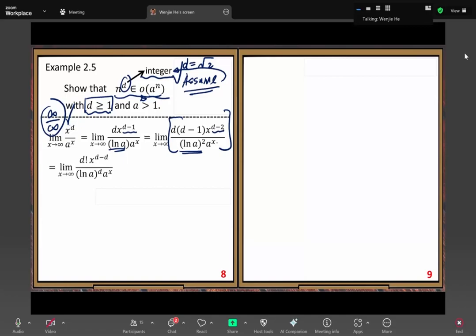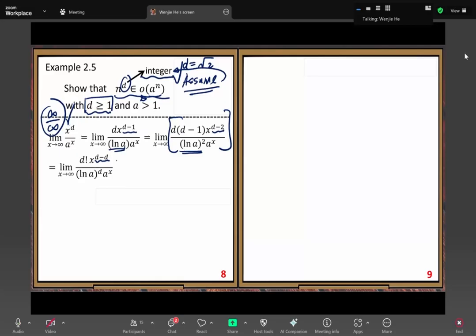So what's that point? The point is when the exponent becomes d minus d, that is 0, x to the 0 is 1. 1 is a constant. It never changes when x goes to infinity.